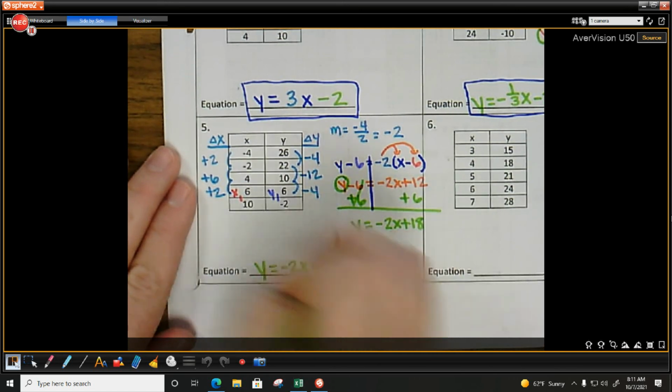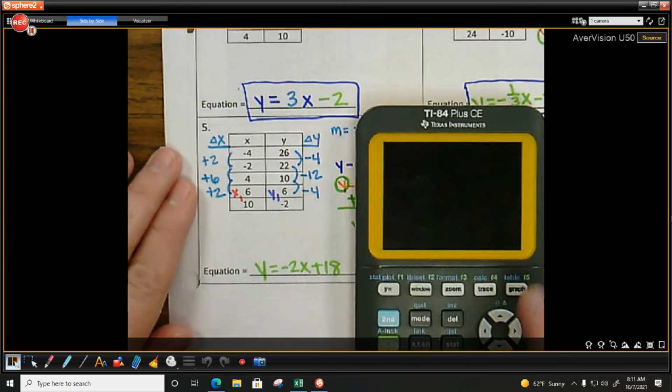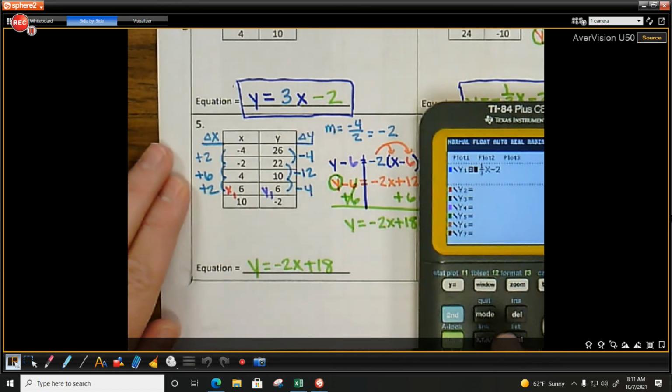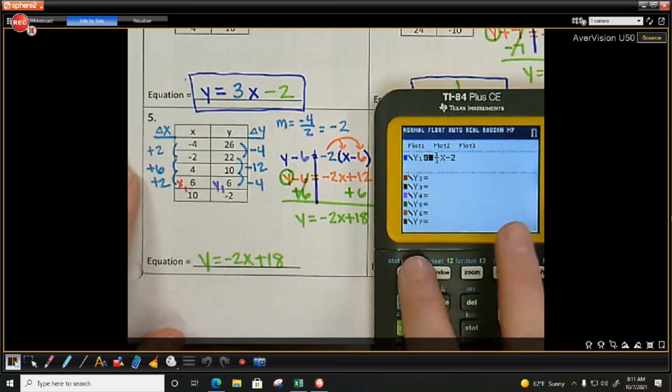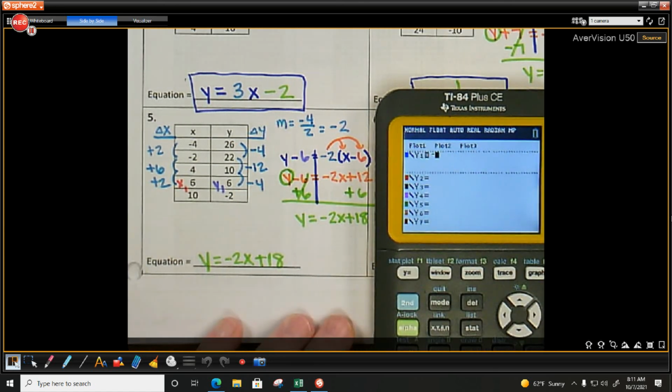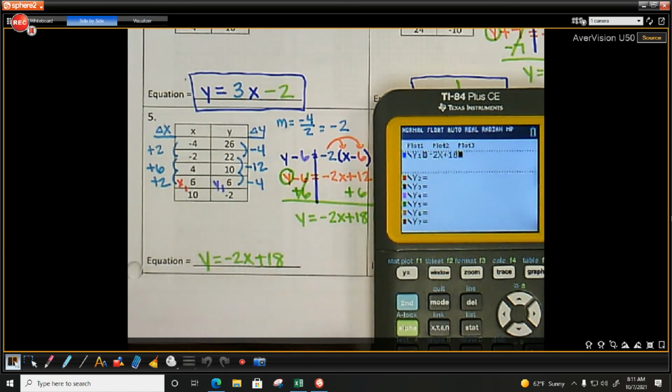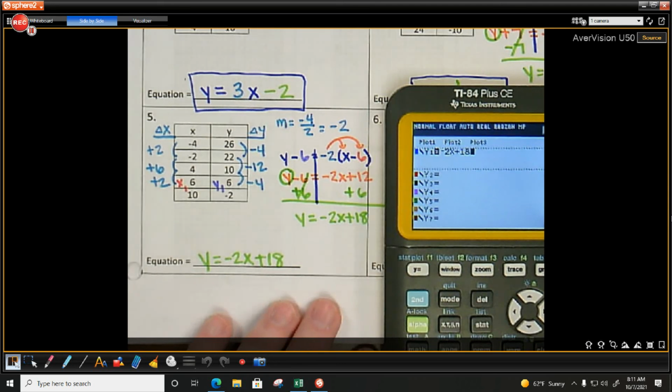Let's go to our calculator to check. Negative 2x plus 18. Go to your calculator to check. Type in negative 2x plus 18. Then pull up the table.